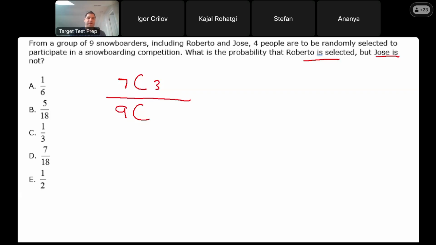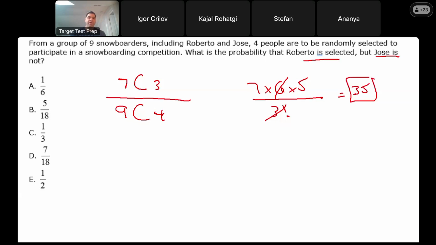And then we need 4. So that's without any restrictions. So we do 7 times 6 times 5 over 3 factorial. That's going to give you 35. 9C4, that's going to give you 9 times 8 times 7 times 6 over 4 factorial.